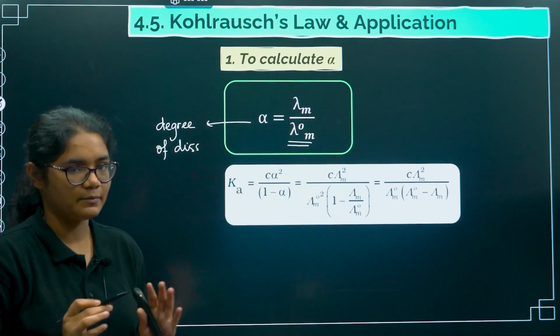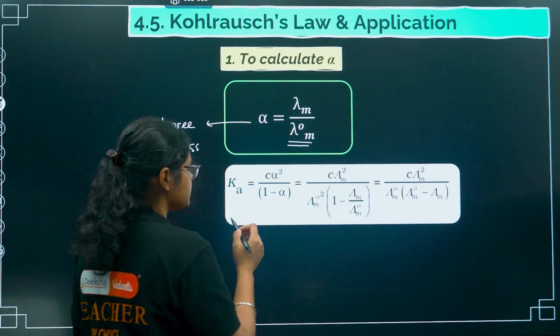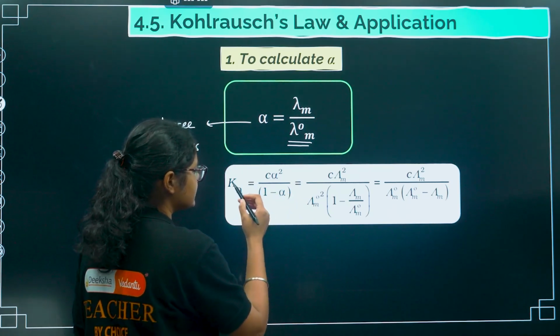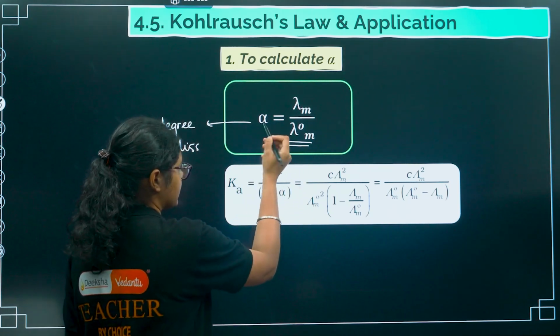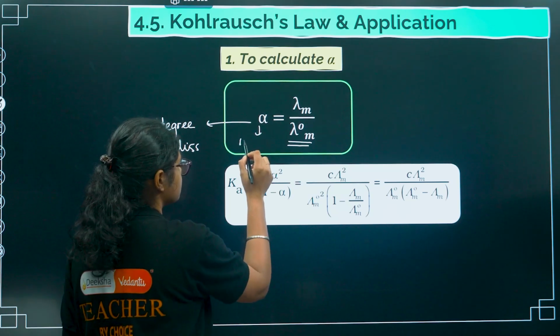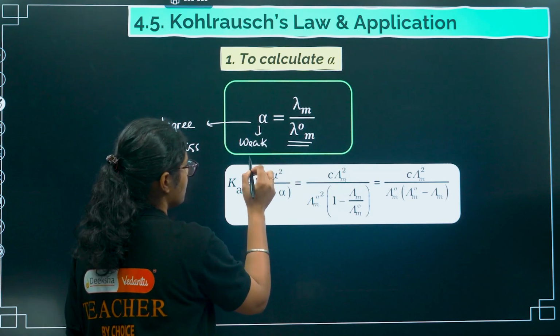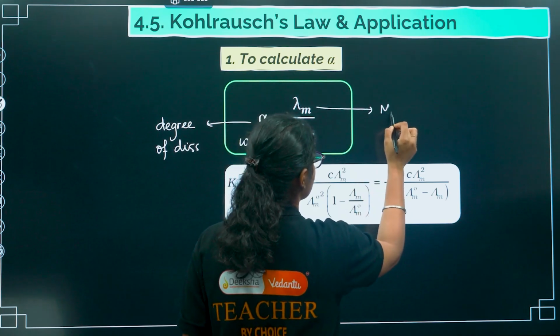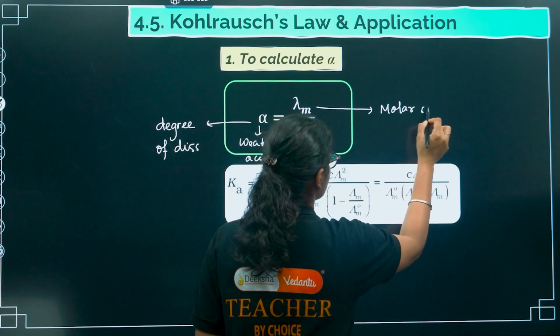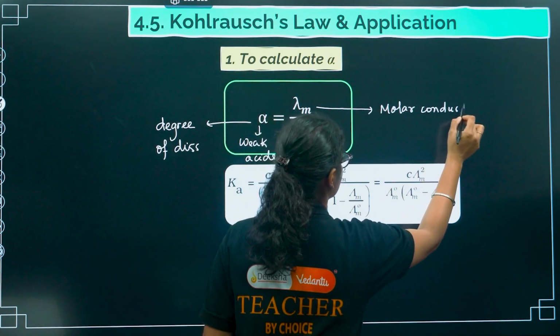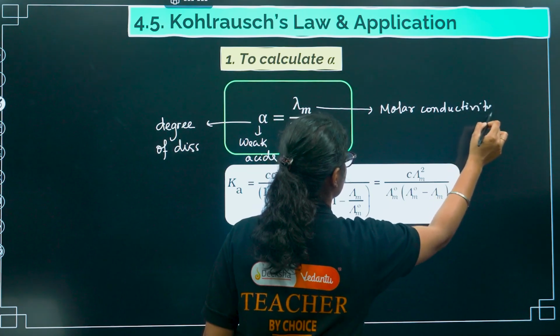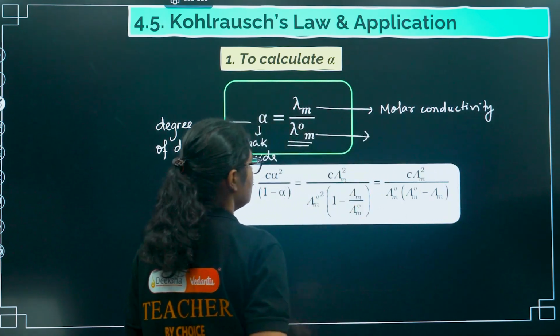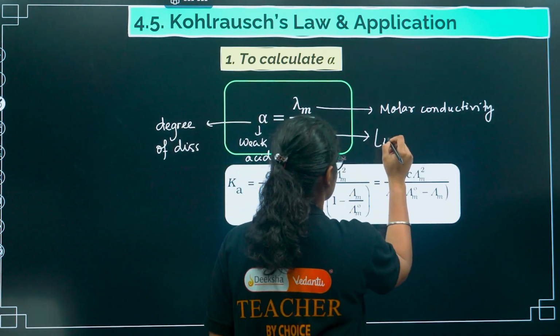This is used for weak acids. What is lambda m? This is the molar conductivity. And what is lambda naught m? This is the limiting molar conductivity.